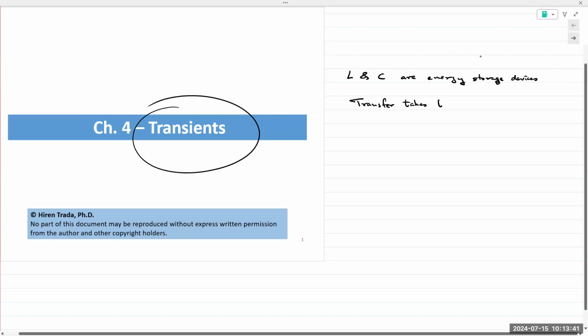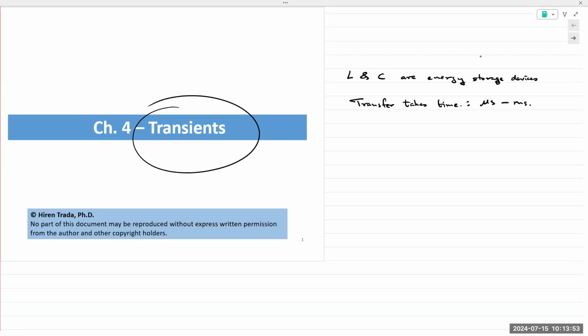Typically, it is in the order of microseconds to milliseconds, because the capacitors and inductors we deal with in regular everyday circuits are very, very small. So even though it is fleeting, it is a finite amount of time.